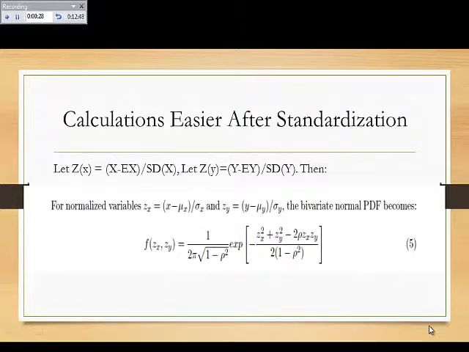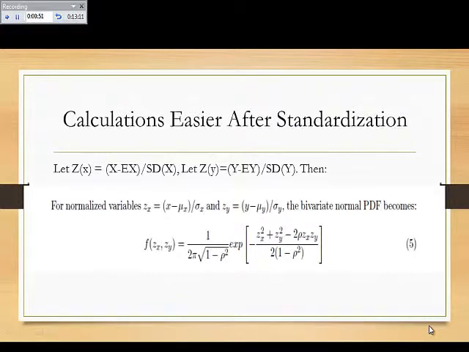So here I define z of x to be the standardization of x, x minus ex over the standard error of x, that will be x minus mu x over sigma x, and let z of y be the standardization of y, so y minus mu y over sigma y. Then what is the density of z of x and z of y, the joint density?